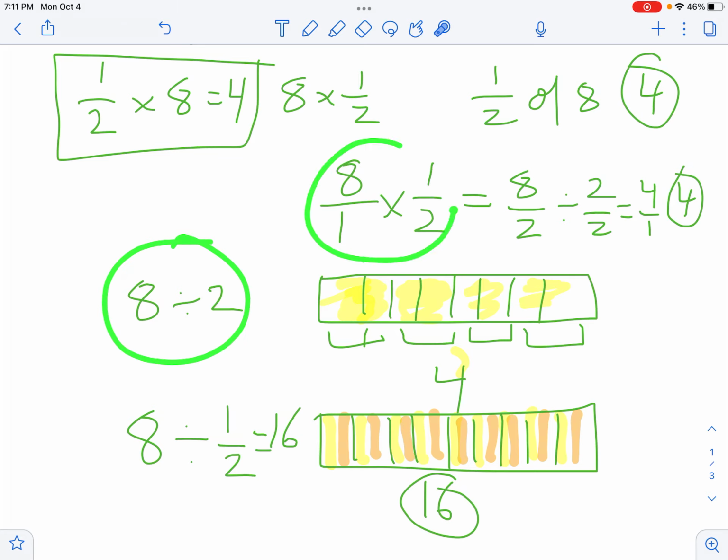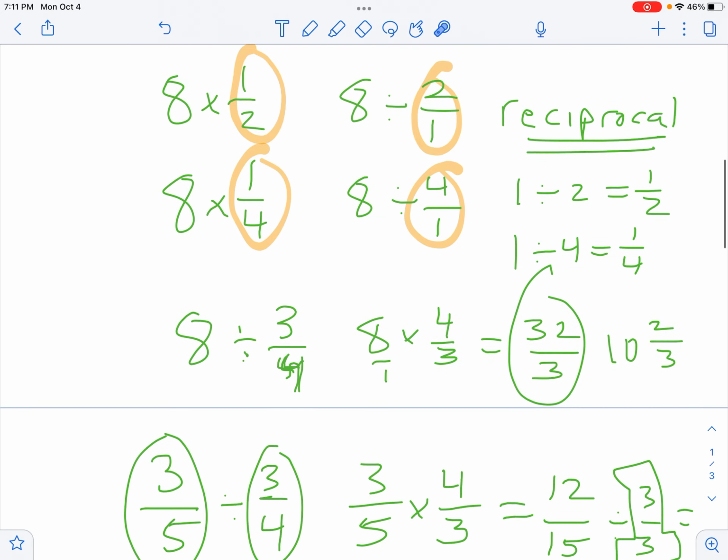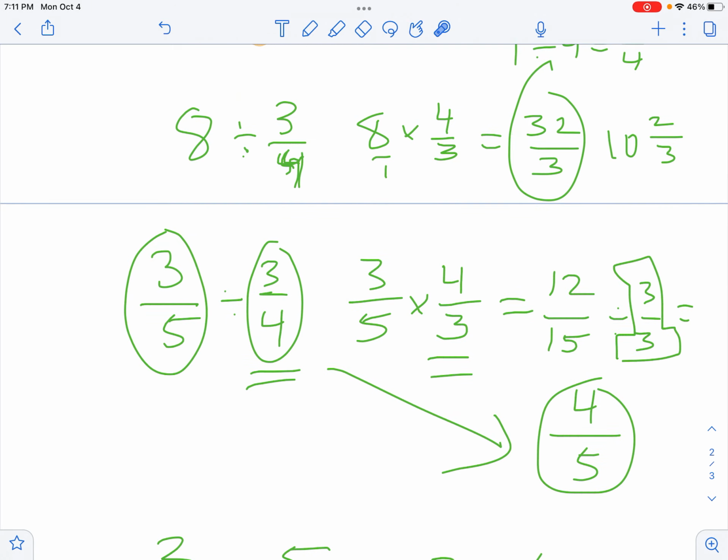So I can turn a division problem into a multiplication problem, and I can turn a multiplication problem into a division problem. And since I have a technique already for multiplying fractions, my technique for dividing fractions is to turn the division problem into multiplication by changing the number I'm dividing by into its reciprocal, into its flipped version.